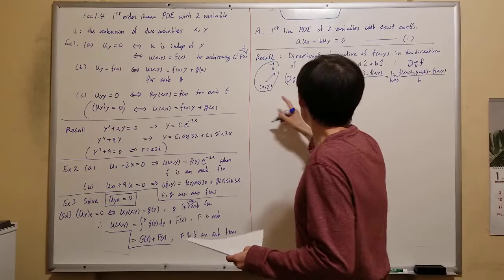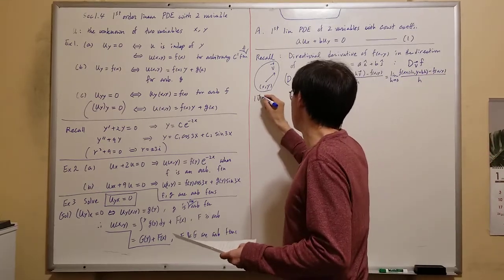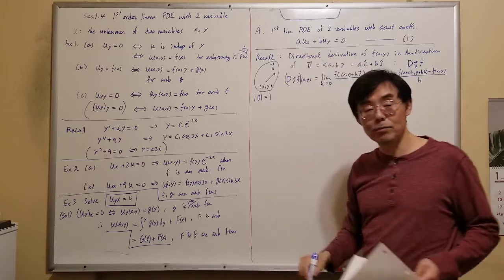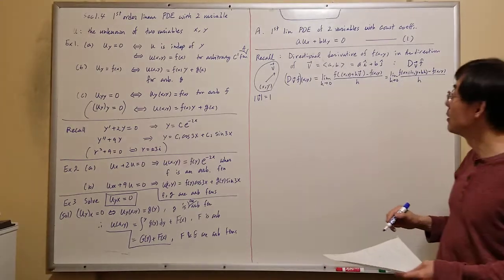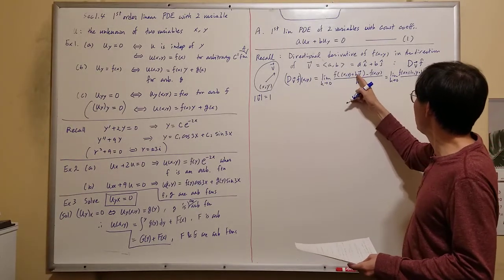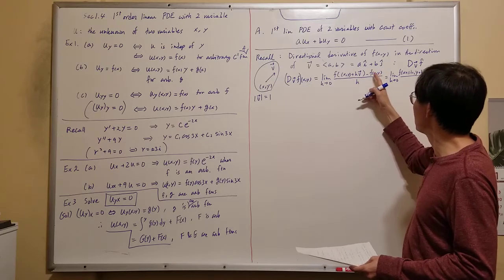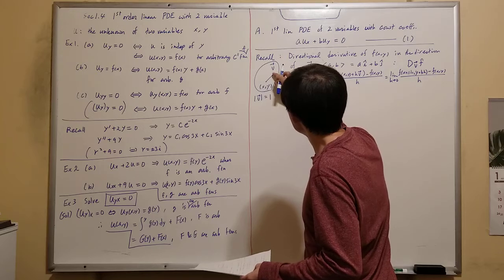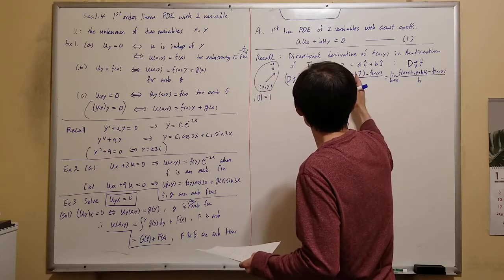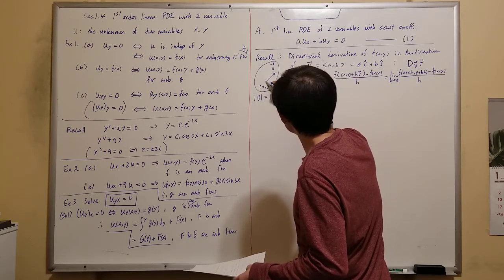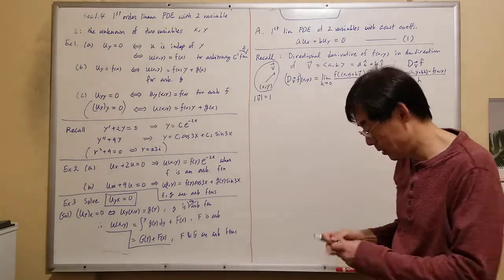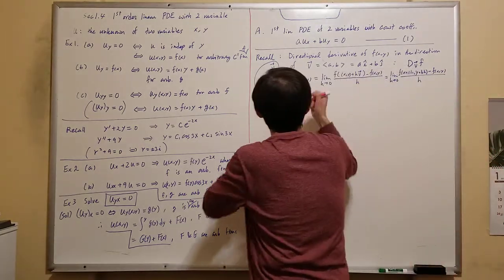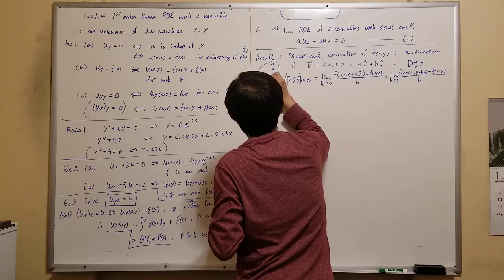Normally, we use this restriction: v has to be a unit vector. Then this will be h unit distance away from xy, right? So if v is a unit vector, h times v will move it in that direction. h is supposed to be a small number.